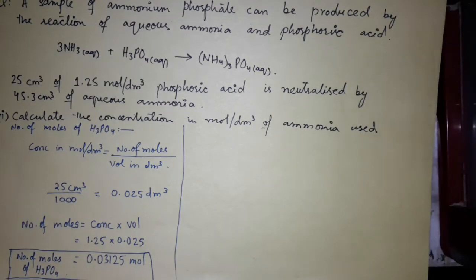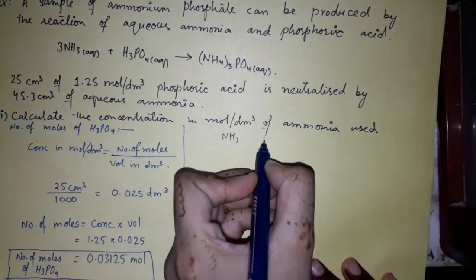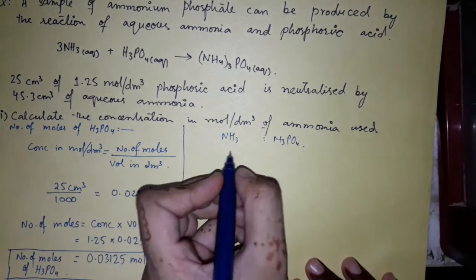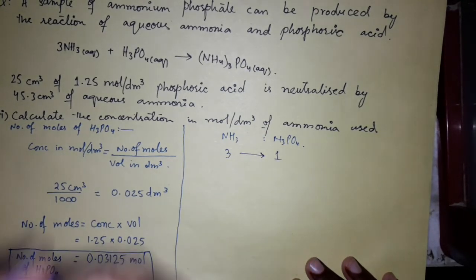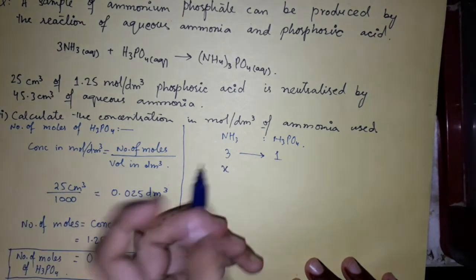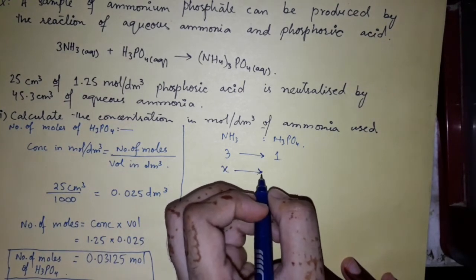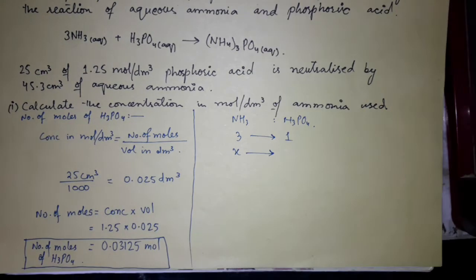Now we are going to use the ratio method to calculate the concentration of ammonia. We can see here that 3 moles of ammonia react with 1 mole of phosphoric acid.